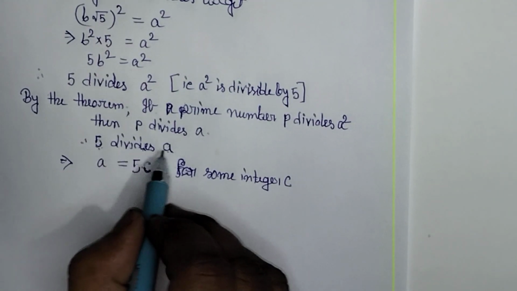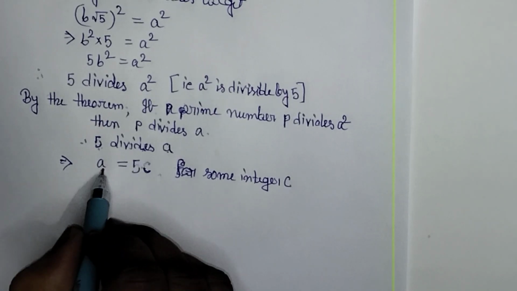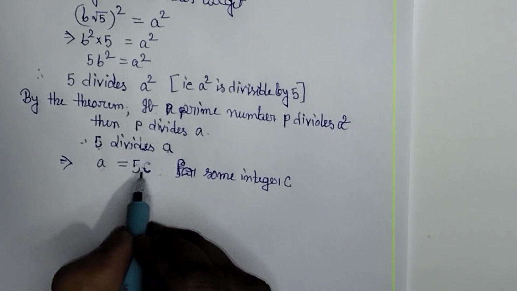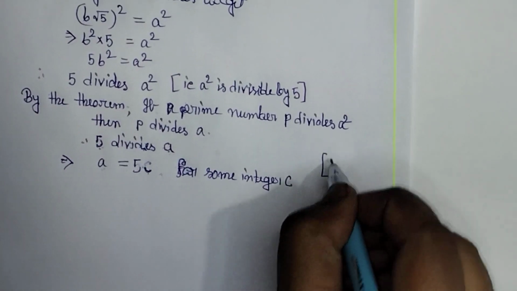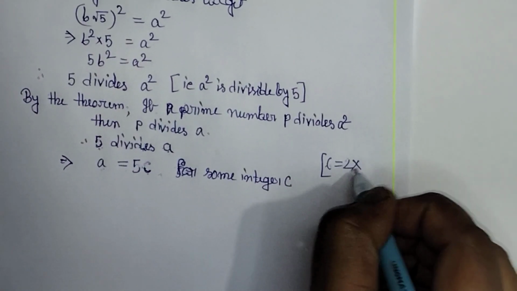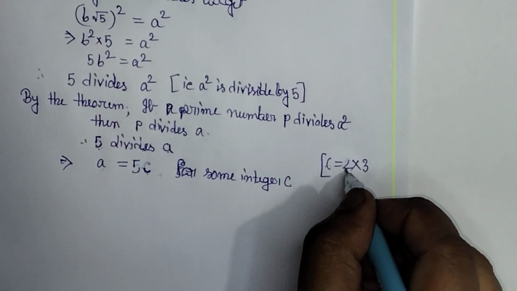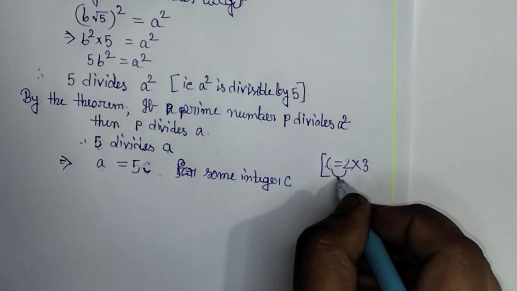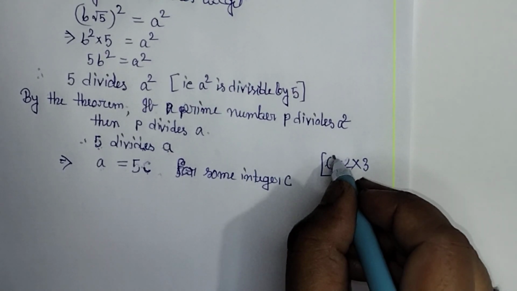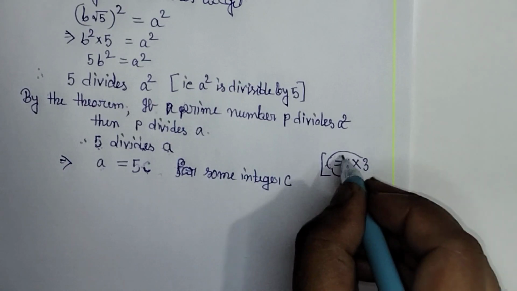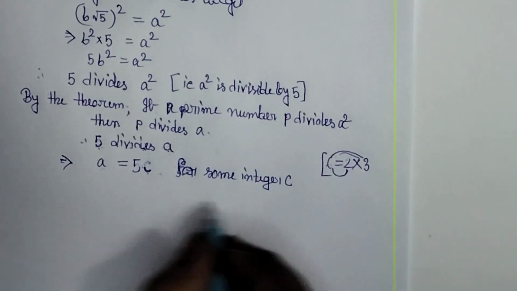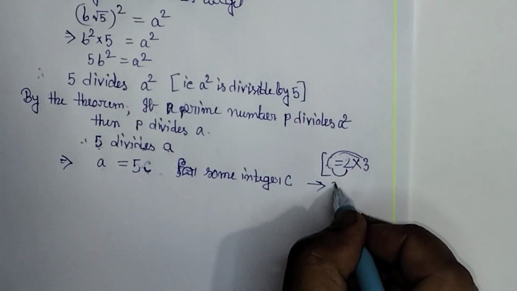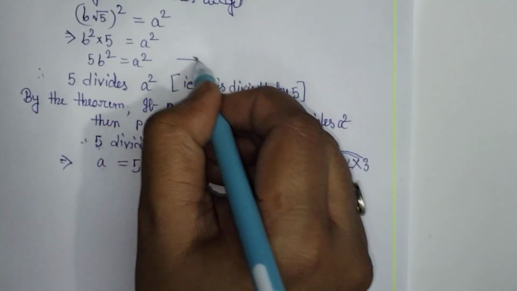So 5 is a factor of A, so A can be written as 5 into C. Suppose 6 equals 2 into 3. So 2 divides 6. That means 2 is a factor of 6. So 6 can be written as 2 into 3. This is equation 2 and this is equation 1.